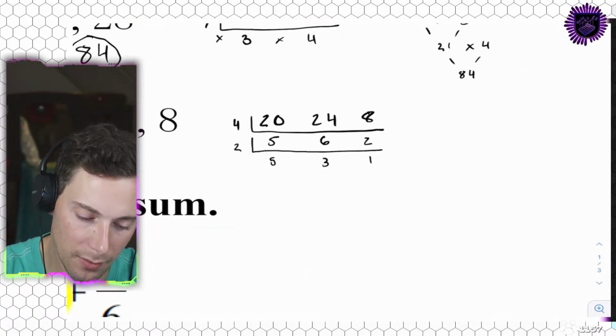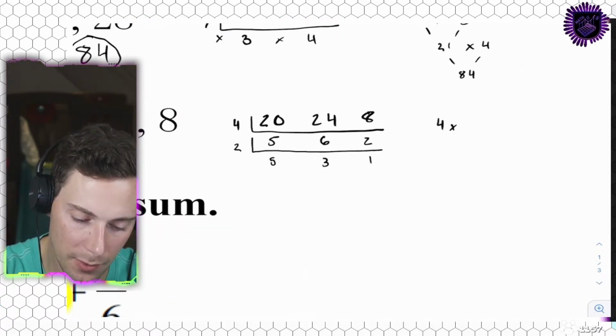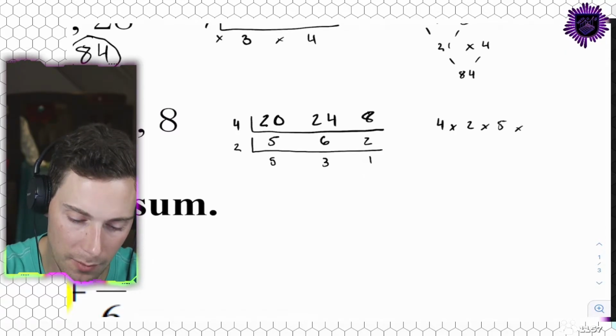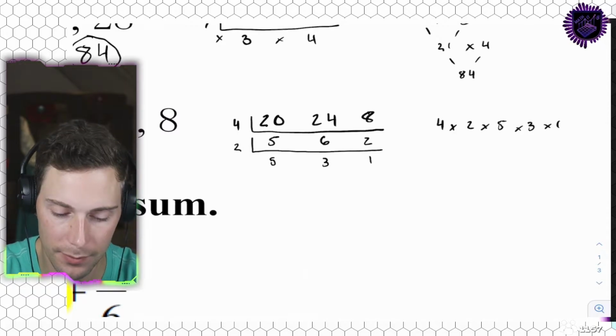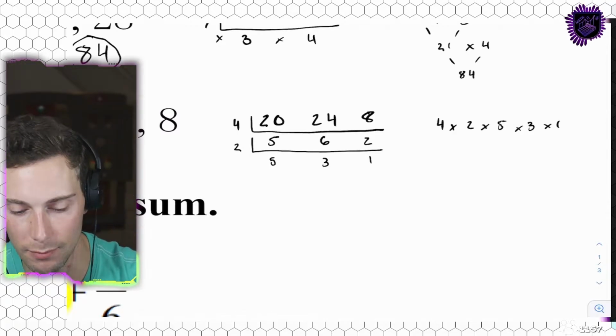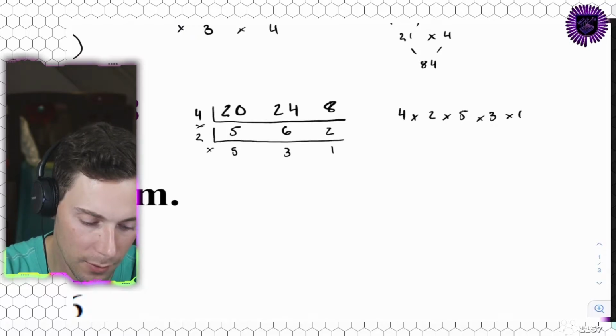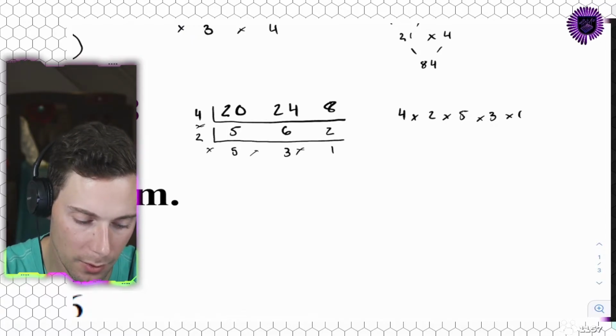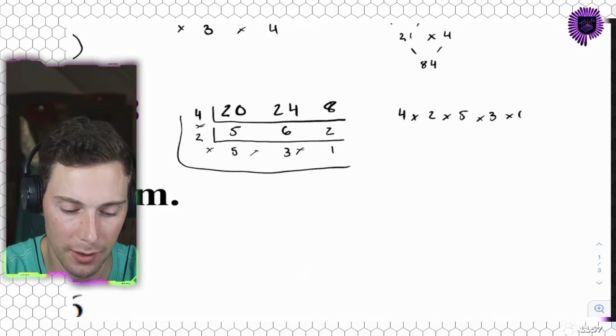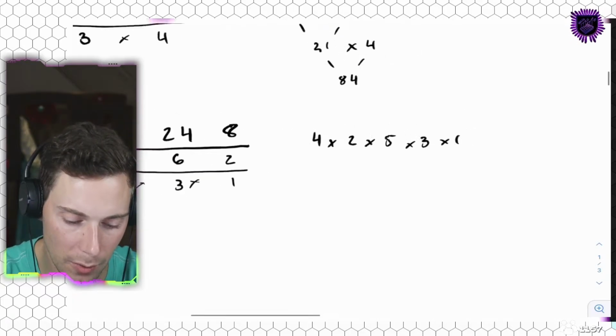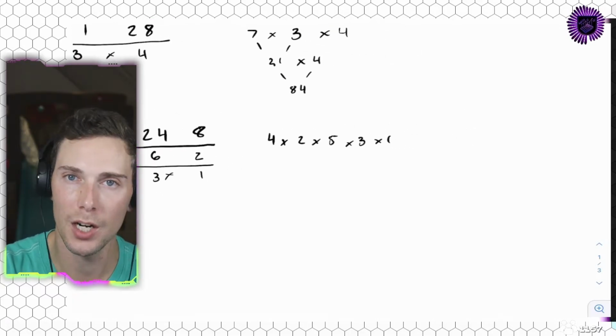And we're going to get 4 times 2 times 5 times 3 times 1. Really, the 1 is redundant, but let's do it anyway, right? So we just did this 4 times. We went around the corner and multiplied all these together. But let's show our work now, because it's fun to show our work.